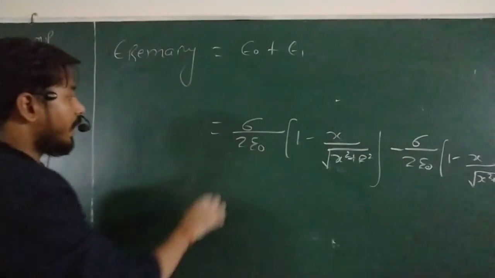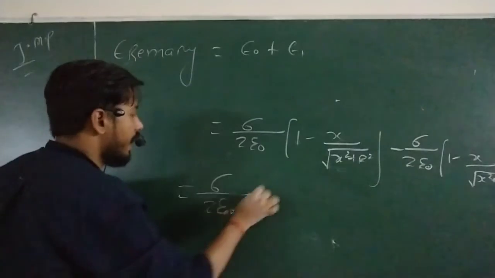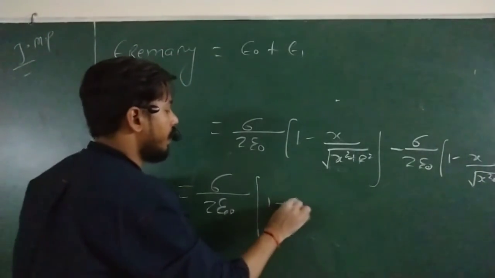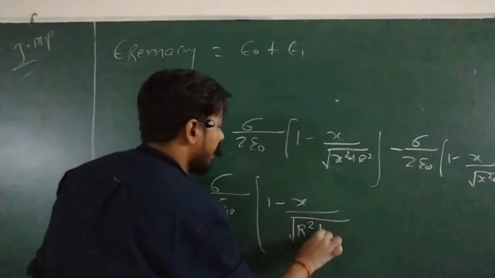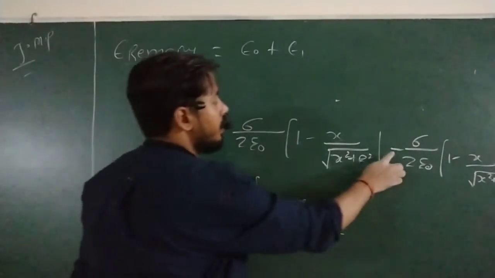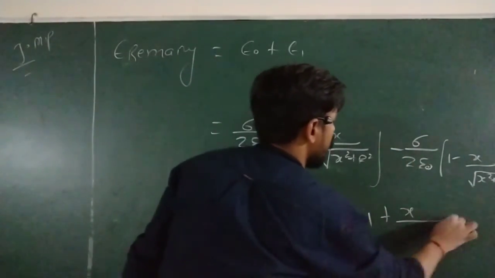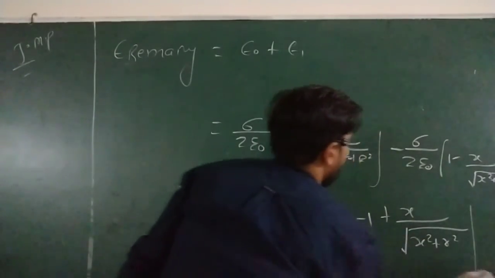From here you can take sigma by 2 epsilon 0 common. So this will become 1 minus x by under root r square plus x square, minus minus 1. Minus minus becomes plus x by under root x square plus r square.